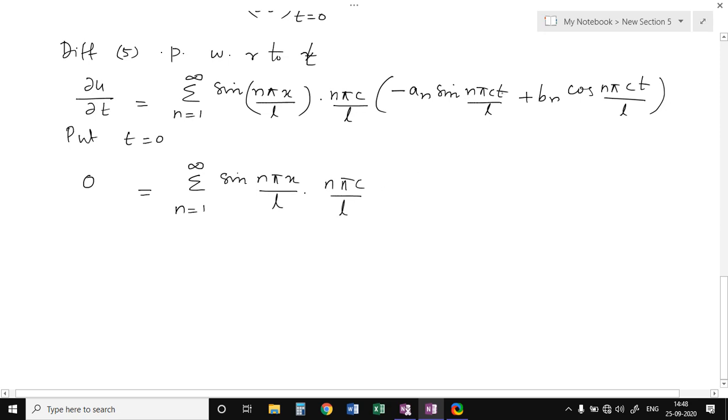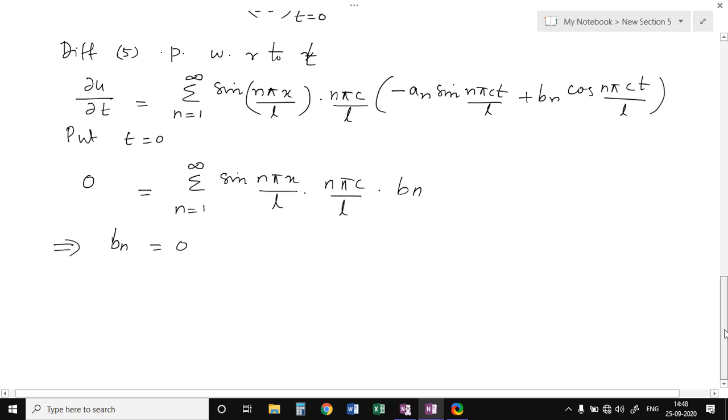When you put t equal to 0 we will get this term as sin 0, that is 0, and here we get cos 0 and cos 0 is 1. So we got one more term here, that is bn. And now the right hand side series is equal to 0. So this becomes 0 only if bn is 0. If bn is not 0, this is not possible. Therefore bn is 0.